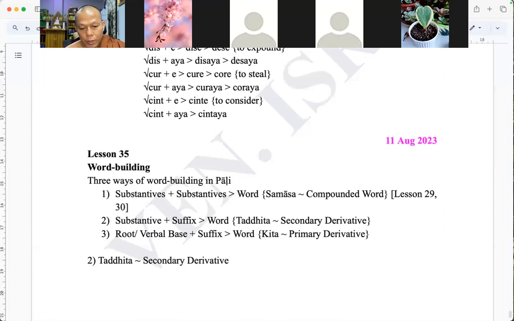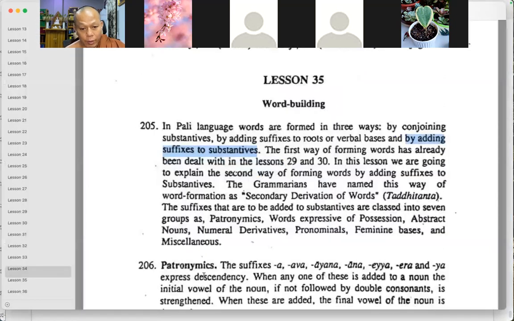The secondary derivative has seven kinds. The suffixes added to the substantive are classed into seven groups. One is patronymics.